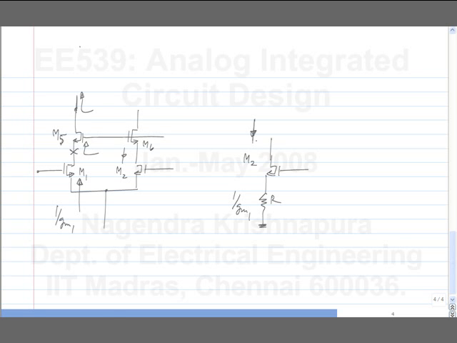We know this already, right? It is GM2 by GDS2 times R, plus the RDS of this, plus 1 by GM1.